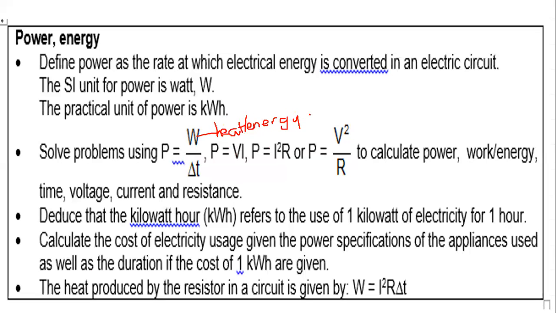So it's one thing. So this is the heat or the energy that is dissipated or that is produced. So any of the words can be used, the heat dissipated or the energy dissipated, or the heat produced or the energy produced altogether.